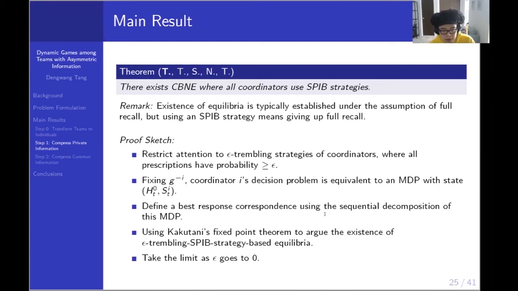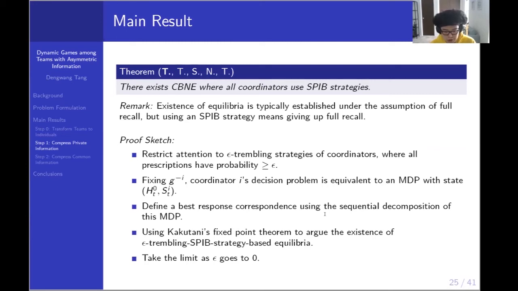Based on this observation, we then define a best response correspondence following the game theory tradition. But the best response correspondence is defined using the sequential decomposition of this MDP, not just any best response of coordinator i. This step allows us to deal with the fact that an SPIB strategy doesn't have full recall.